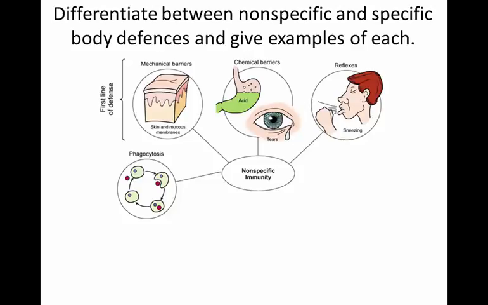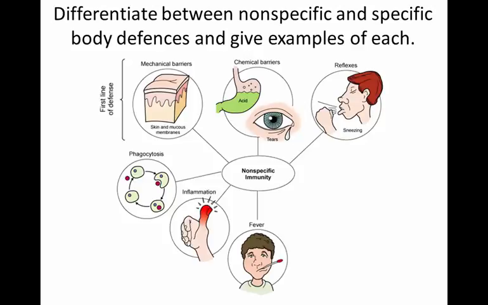Certain cells, and we'll look at some in a little bit, will undergo phagocytosis where, as indicated in the pink here, we have some pathogen that gets into our body, and the cell will wrap around that, envelop it, bring that pathogen inside the cell and then destroy it. Inflammation and fever were mentioned previously as well, and we'll take a closer look at those in a second.